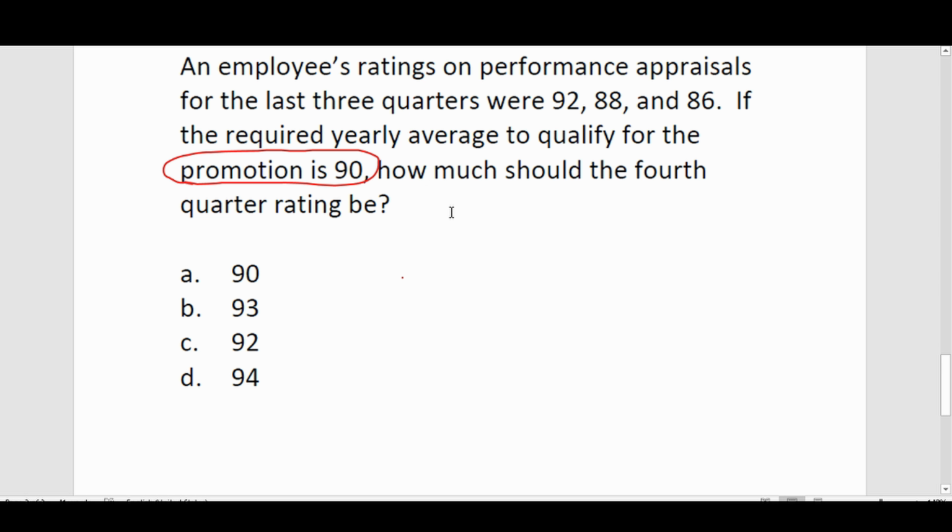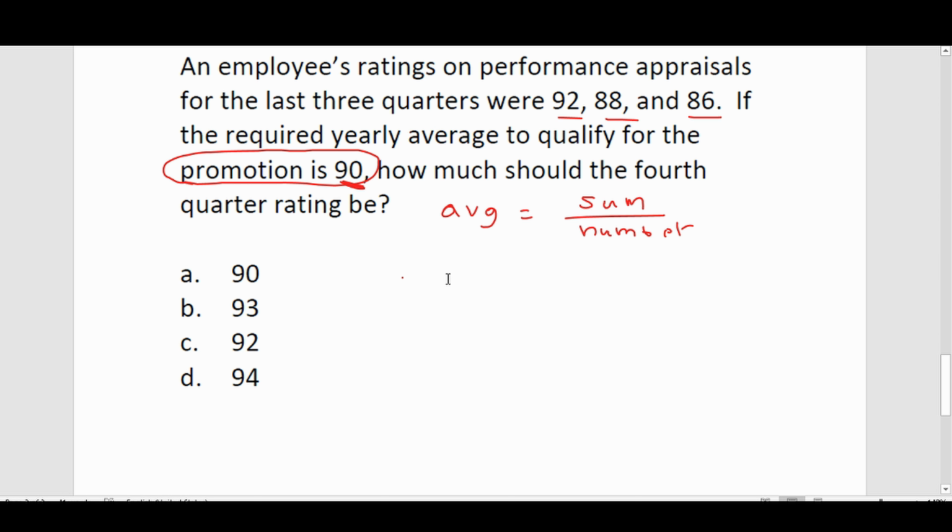Again, the formula we're using is average equals the sum over the number. In this case, we're given the average, 90, and we're given 1, 2, 3 of the 4 data points. And we're asked, what does the 4th rating or data point have to be to make the average 90?